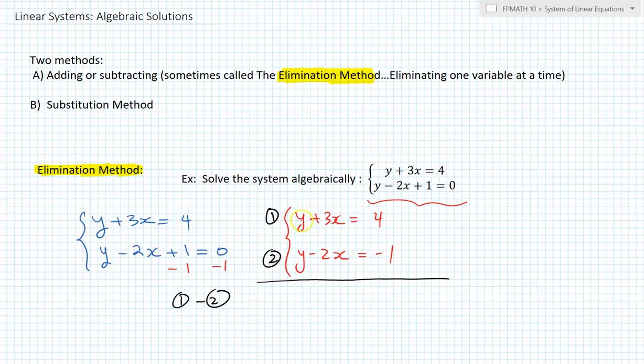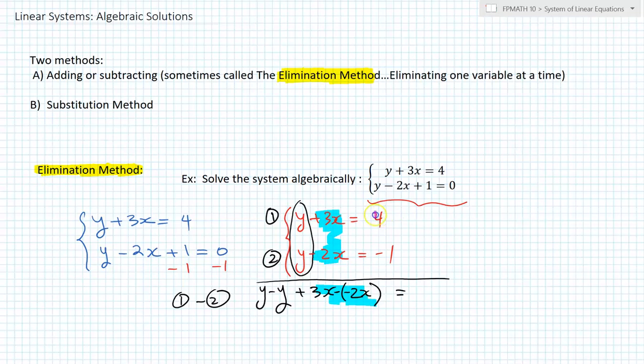That means we're doing y minus y, which has to be written like that, and then 3x minus 2x. We're subtracting these two. And then the last piece: whatever we do to one side of the equation, we have to do to the other side.